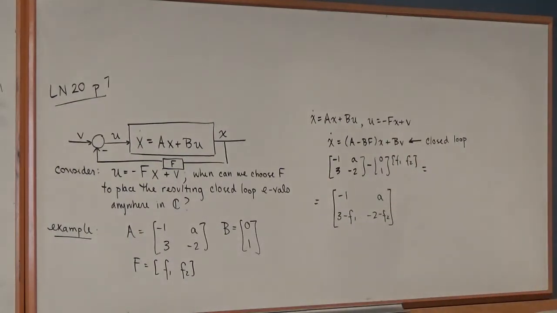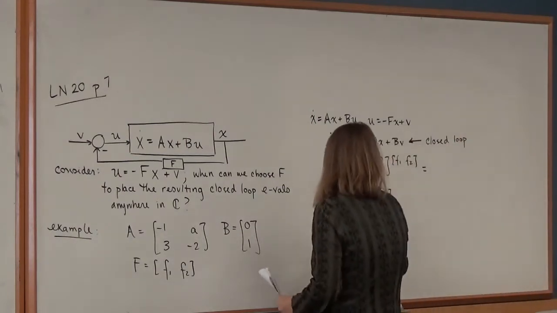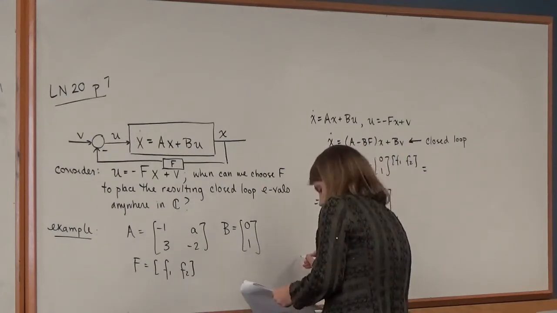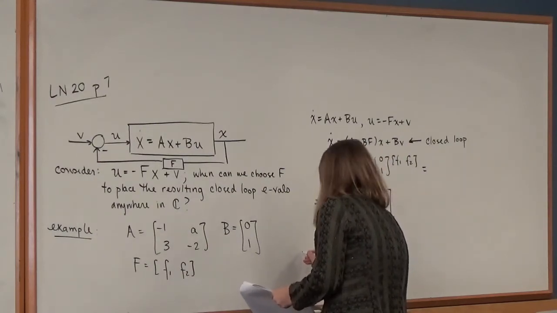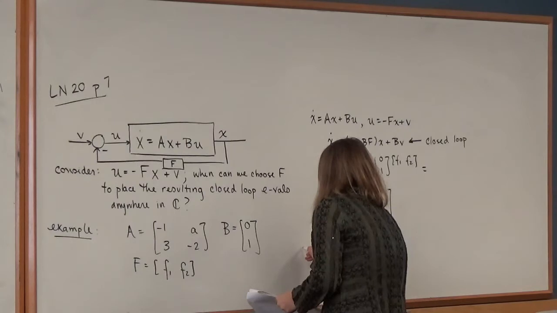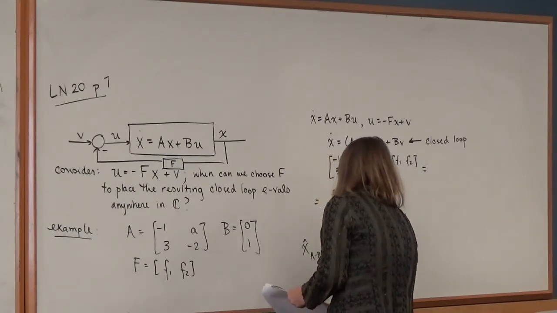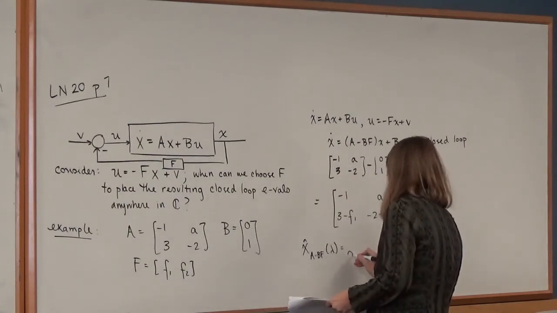All right, so we can write down the characteristic equation of that matrix. It's going to be a function of F1 and F2. And we get that the characteristic equation of the closed loop system, I'll use lambda instead of s like I do in the notes. So the characteristic equation, let's use our notation here, chi hat A minus BF of lambda, is the characteristic equation of the closed loop system.